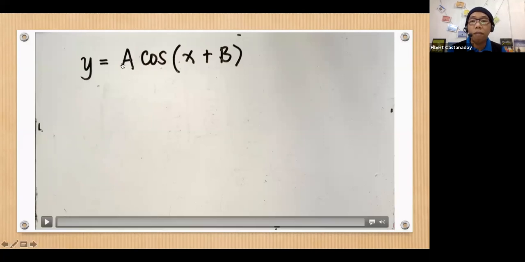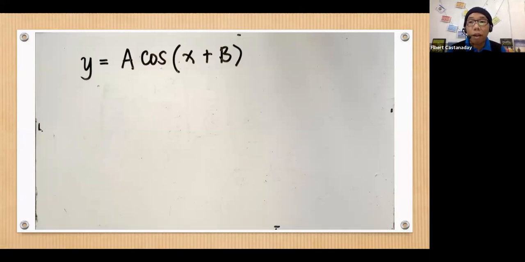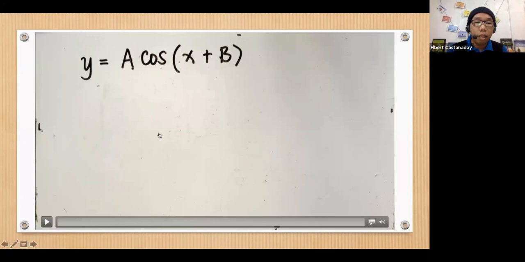Since I have 2 arbitrary constants in this given equation, for me to obtain its differential equation, I should differentiate this 2 times or twice. Okay, now let's proceed.